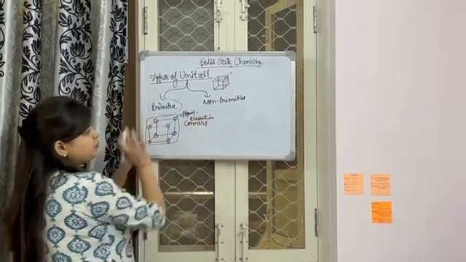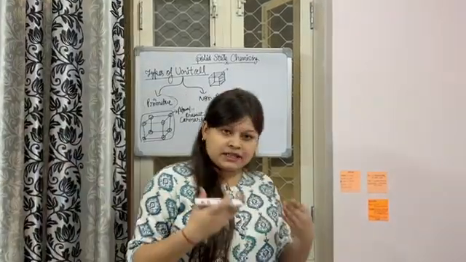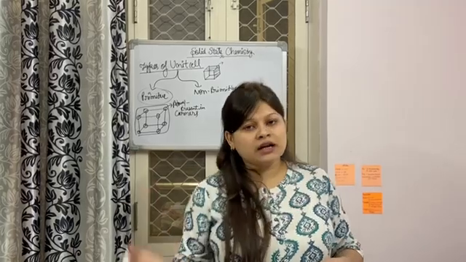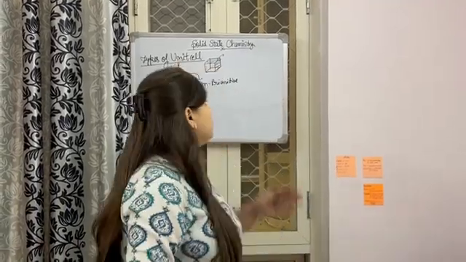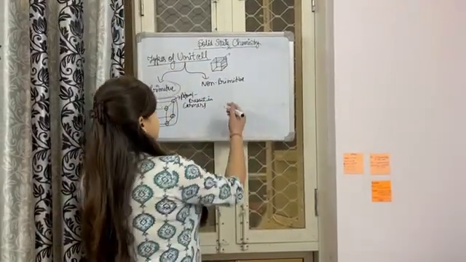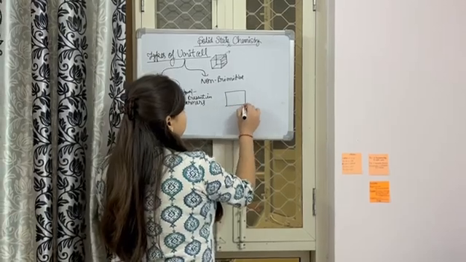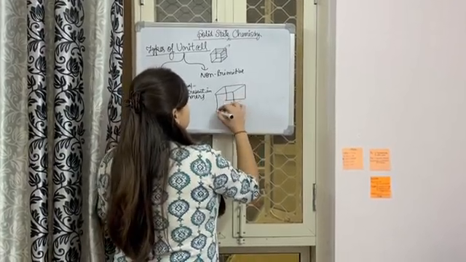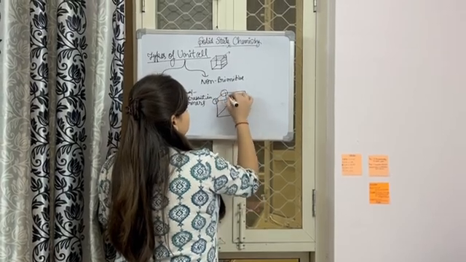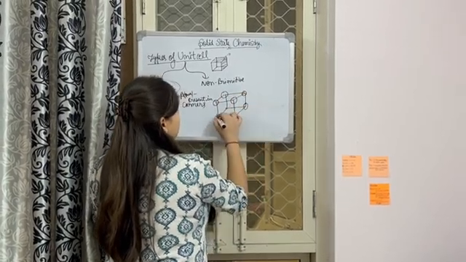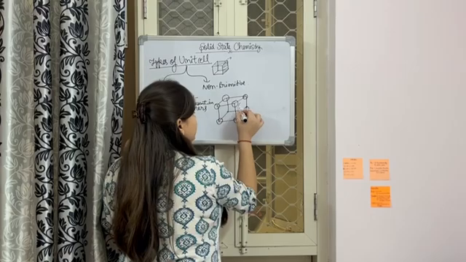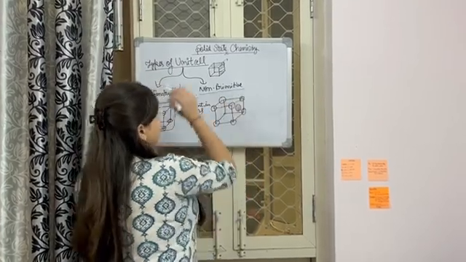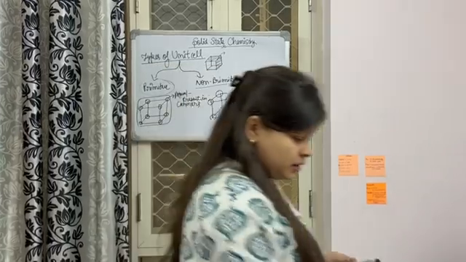These are considered primitive. Whereas if the lattice points are present at the corners as well as at positions other than the corners, then this is considered a non-primitive cell. For example, if the lattice points are in the corners and, for example, in one face, like this, then this is a non-primitive type of unit cell.